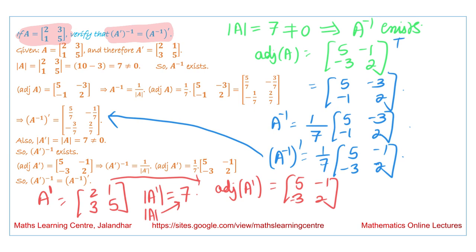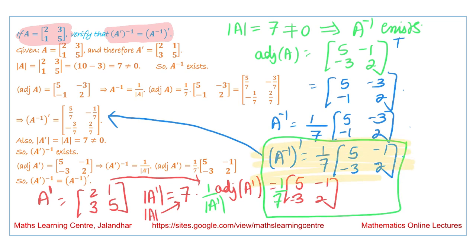When we multiply this with 1 over determinant of A transpose, we get 1 by 7 into this. So we can clearly see that both these values are equal, and this is what we have to prove. For the matrix A, we have proved that A transpose inverse is equal to A inverse transpose.